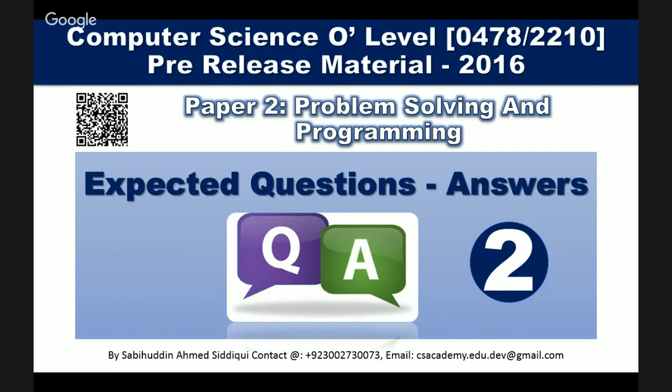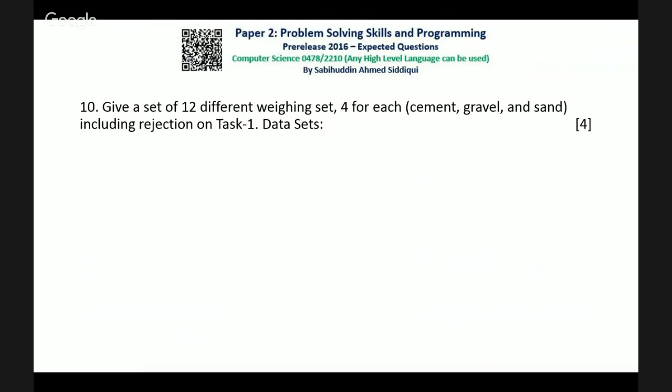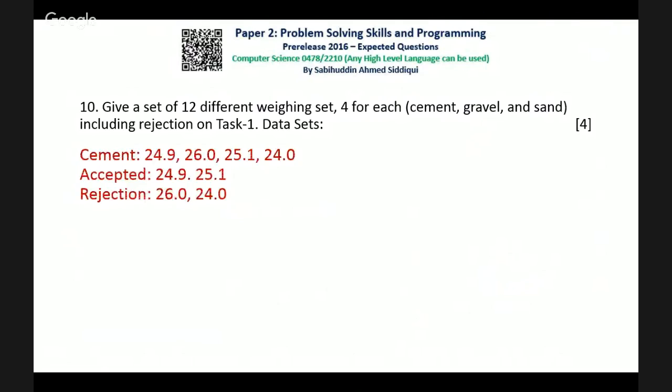Now the 10th question is: give a set of 12 different weighing sets, 4 for each. That means you have to provide 4 data sets for cement, gravel and sand, including rejection on Task 1 data sets. So now let's suppose the first set for cement is 24.9, 26.0, 25.1 and 24.0.